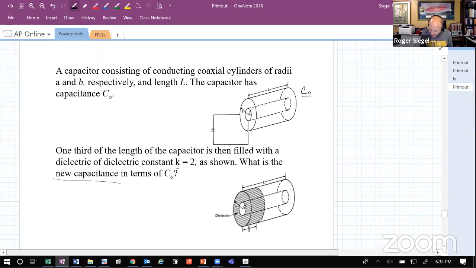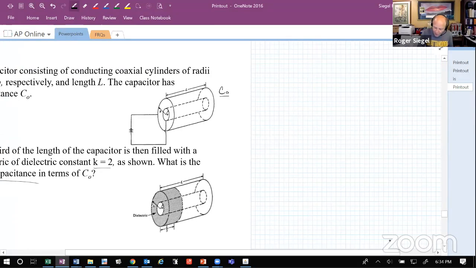I'm going to do the same thing I did before. Let's try and figure out what is the situation I have going on. All right, so I'm going to go ahead and start with just the parallel plate capacitor. And I'm going to ask myself, when I'm inserting a fraction of it with a dielectric, in this case 1/3, am I putting 1/3 here and leaving 2/3 empty?